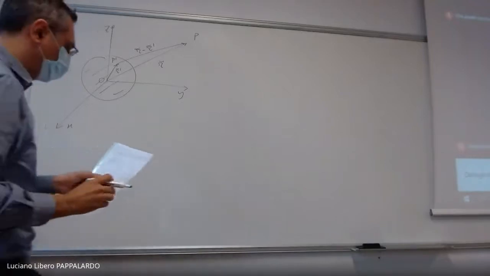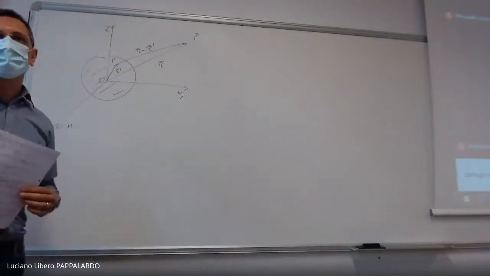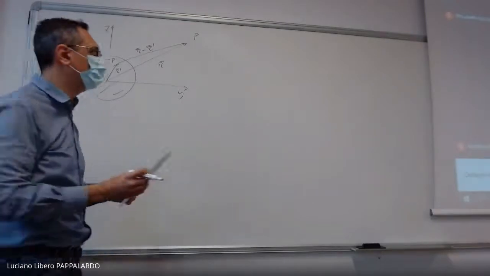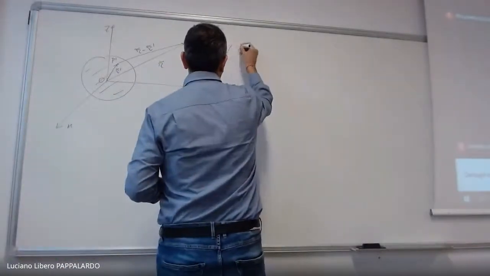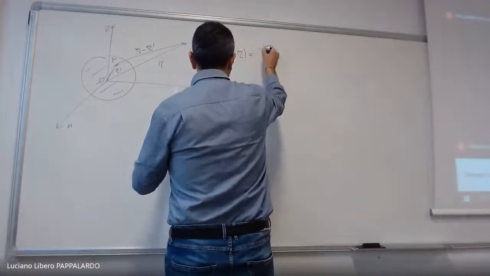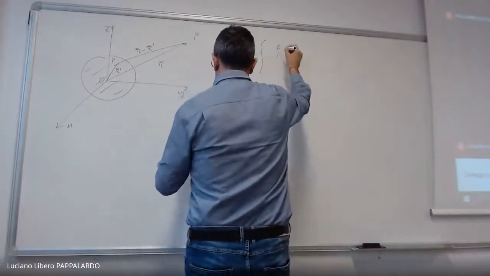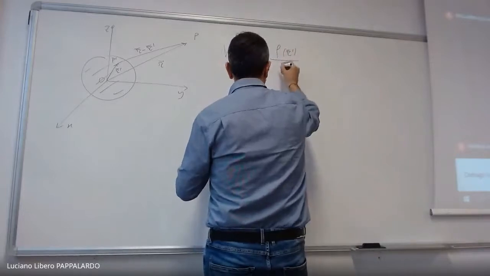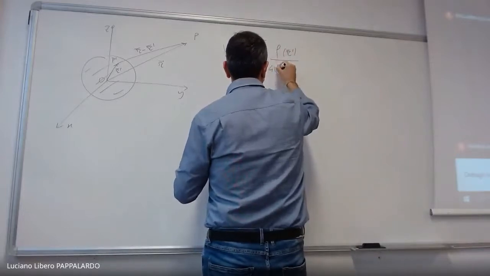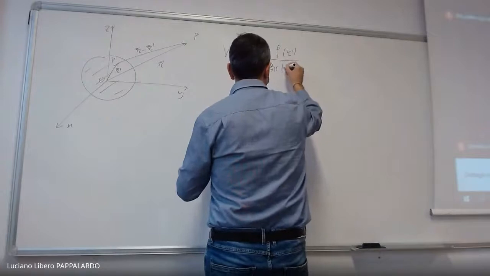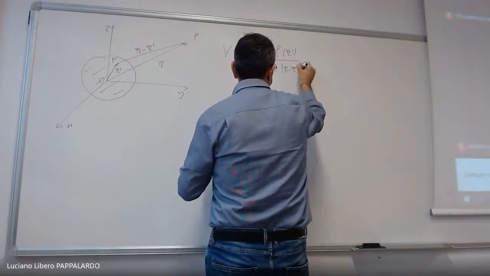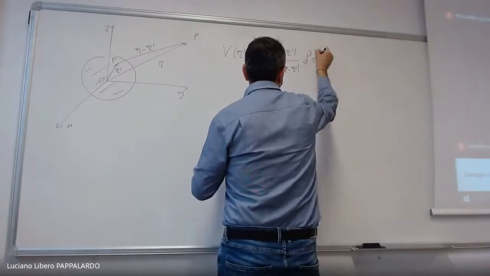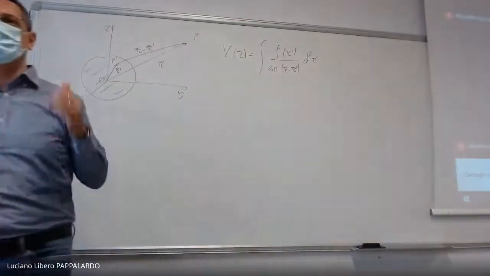Now, you know from classical physics that the Coulomb potential given by a charge distribution at a certain distance r is given by the integral of the charge distribution divided by the distance, integrated over the volume of our charge distribution.